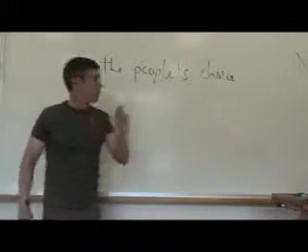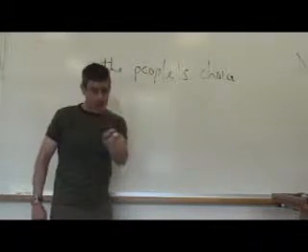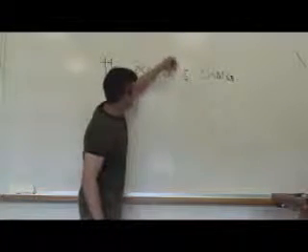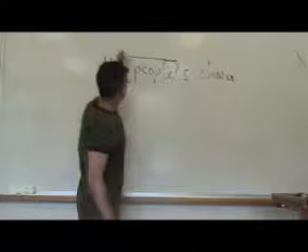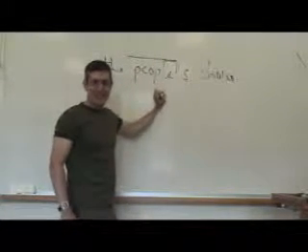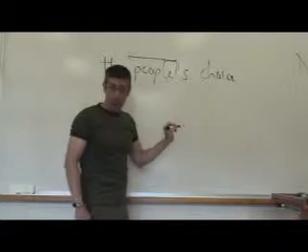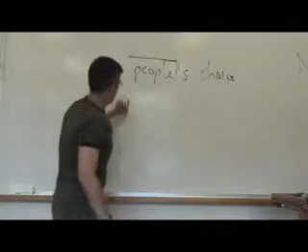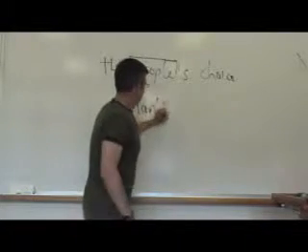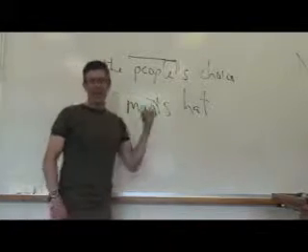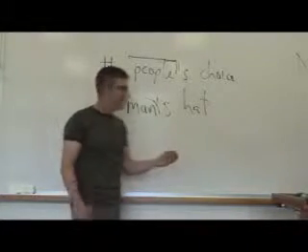The main principle about the apostrophe is that the entity, whatever it is, to the left of the apostrophe, that is the thing that is doing the owning. Okay? So, the people's choice, the man's hat, the hat of the man owns the hat, and it's the same thing with proper nouns.